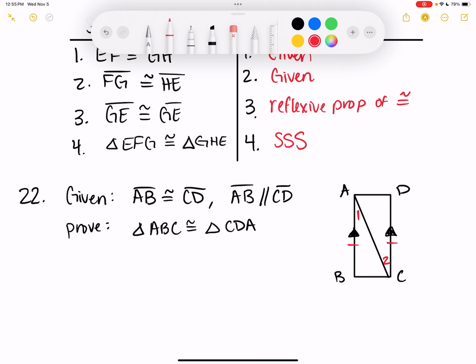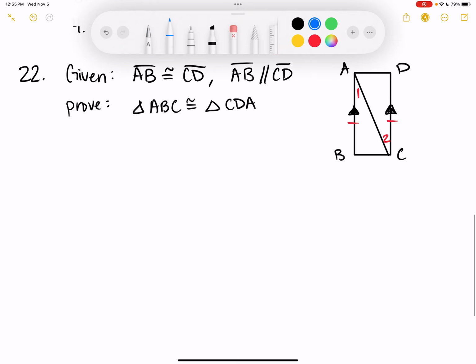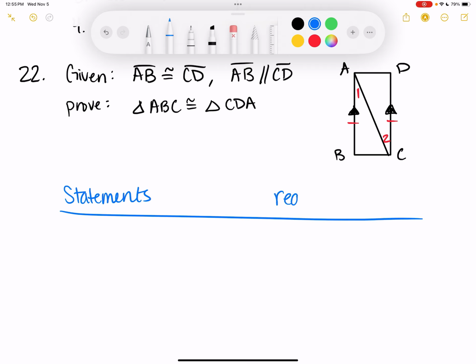So we're setting this up to prove this. All right, so we're going to set up our 2-column proof. This one is not super long.